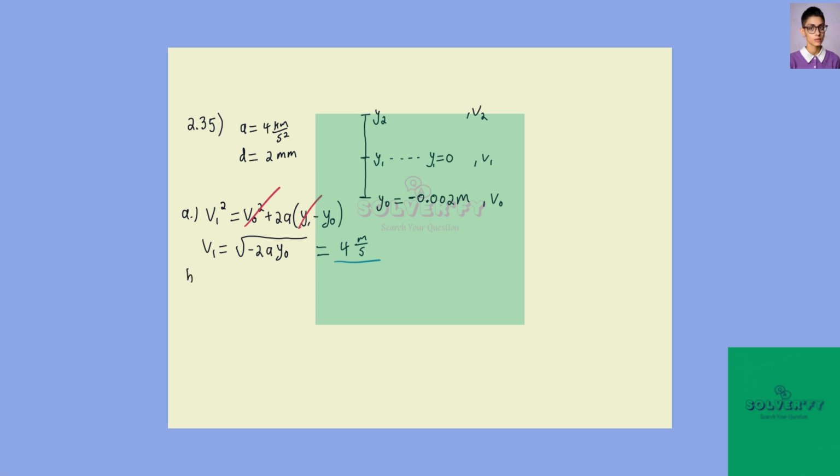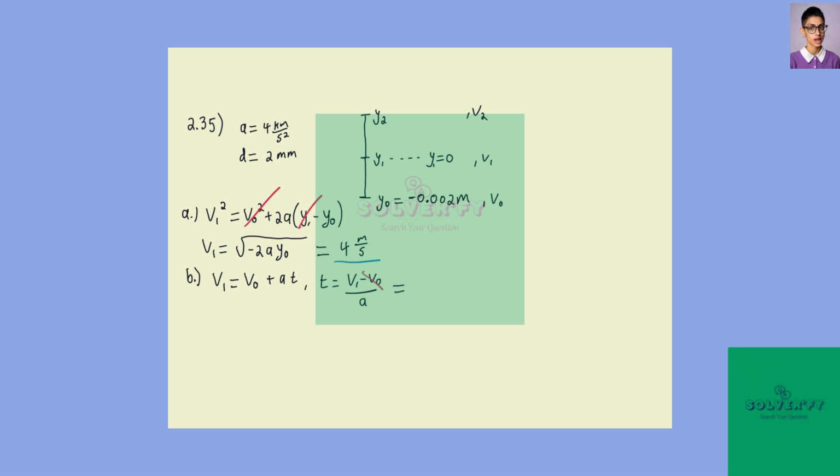Next, we want to figure out how long it takes for the insect to go from y0 to y1. We can just use v1 equals v0 plus acceleration times time. So the time is v1 minus v0 over a, but remember v0 is 0.